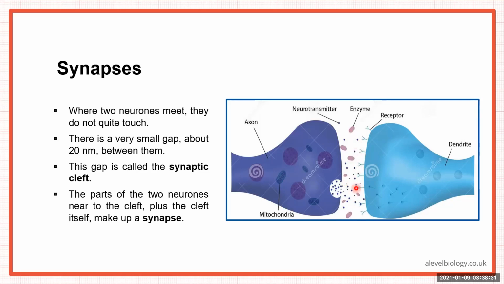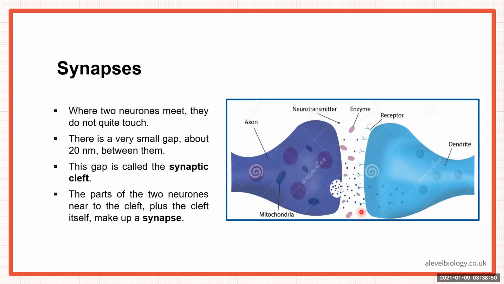There's a small gap, around 20 nanometers in size. When these two neurons meet, you can call this neuron 1 and this neuron 2. When they meet, they usually do not touch. There is a gap between them, which we call a synaptic cleft.